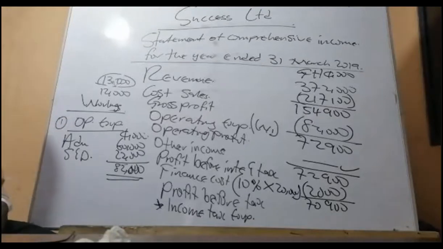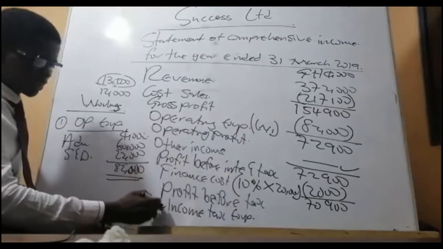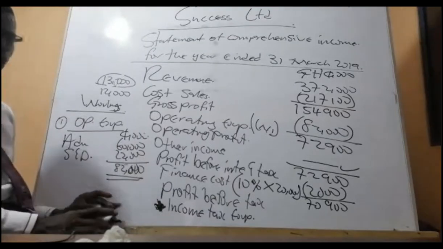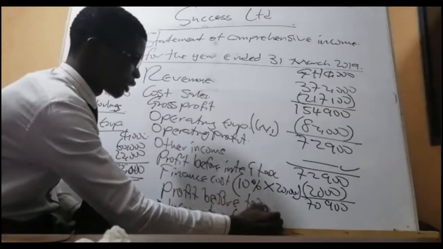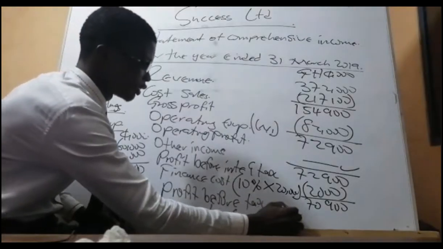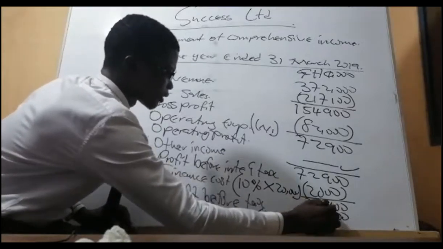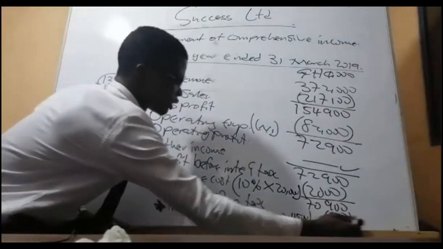So for the income tax expense, I'll put an asterisk here because we have not done much about it, so we don't need to worry. That would be 12,000 less 11,500. That will give us 500, and you put it in brackets.